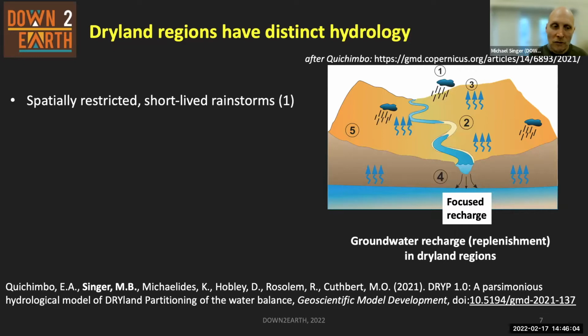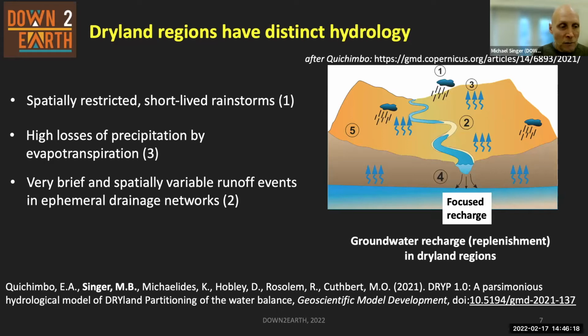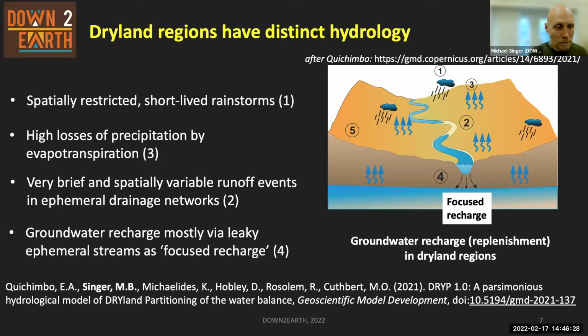So specifically, they have spatially restricted and short-lived rainstorms, really high losses of that incoming precipitation back into the atmosphere through evapotranspiration, very brief and spatially variable runoff events within drainage networks where maybe the channels are dry most of the time, and where groundwater recharge occurs mostly by leaking ephemeral streams in a process we call focused recharge.